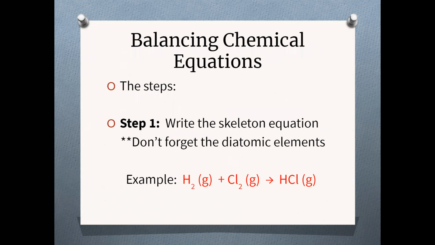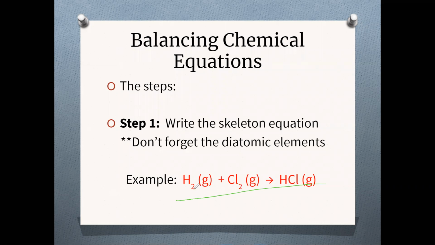Okay, but I'd like to go over the steps of writing chemical equations and balancing them next. So step 1 of writing equations is going to be actually writing the skeleton equation. If I said, for example, I wanted you to write and balance the equation for hydrogen gas and chlorine gas yield hydrochloric acid, I would expect you to be able to write that down.